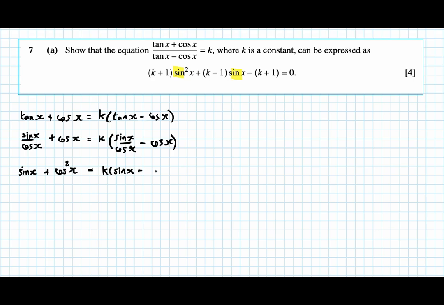And we can do that for both of them. From there, because we've got cosine squared x, that is equal to 1 minus sine squared x. That's the other identity, so we've used both of our grade 11 or pure 1 math identities. And after that, probably a little bit of simplification. We're just basically trying to bring it towards k plus 1 times sine squared x plus k minus 1 times sine x minus k plus 1 equals 0.